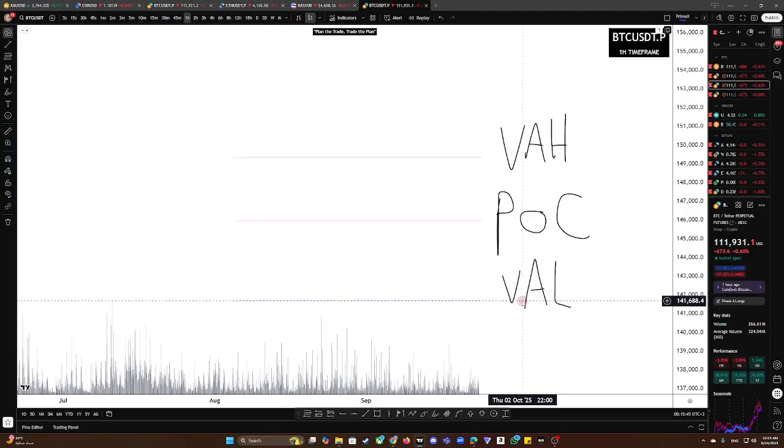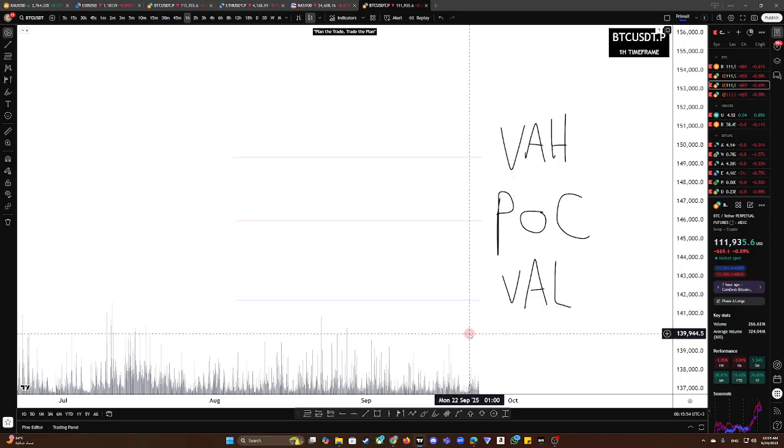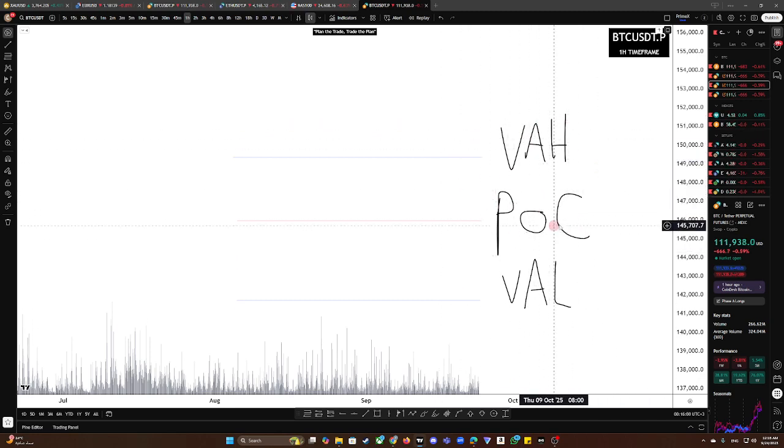This is what a value area looks like. A value area consists of 3 lines: the value area high, the point of control or the POC, and the value area low. All these 3 act in a very similar way, but they're all measured in different ways. The value area low and the value area high are a standard deviation.